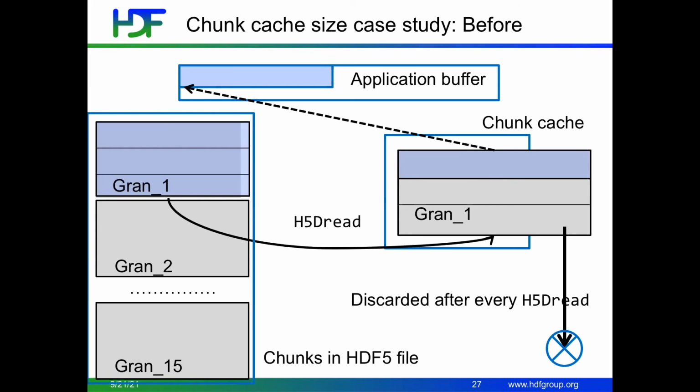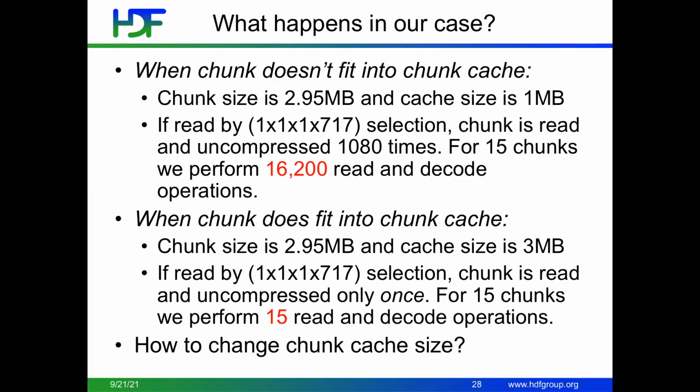So this is a picture of exactly what our application dealt with. Granule, the chunk was too big. It was almost 3 megabytes versus 1 megabyte. We read from the disk, we uncompressed, we read the first row, and then instead of reading the next row, which would be our application's next request, we were discarding the chunk, and this operation went on and on, resulting in 16,200 reads and decode operations.